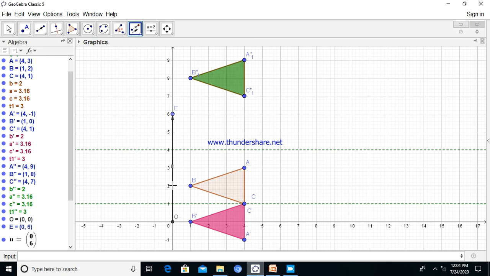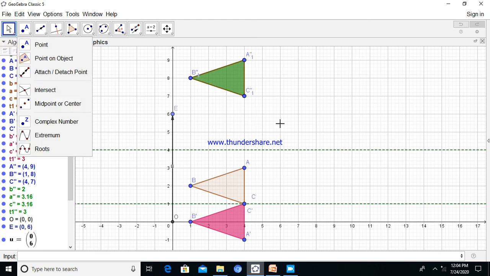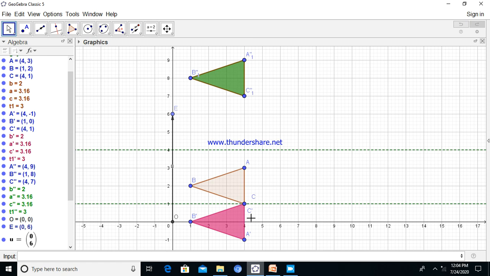Okay. Now dear students, let me repeat again. Triangle ABC is reflected on the line y equals 1 and forms A dash B dash C dash. That is the first image colored by pink color.